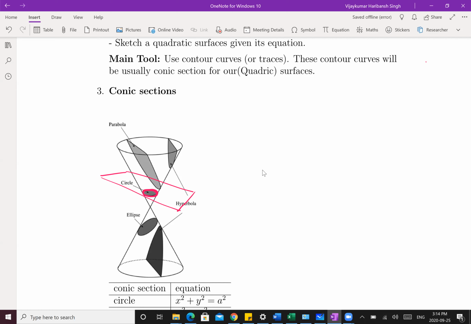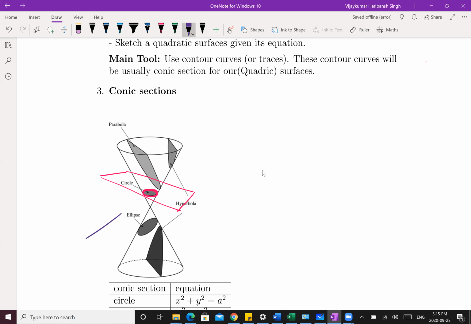If you cut it in a plane slightly slanted like that, you will see that it cuts in an ellipse. If you cut it in this direction, in a plane of this form, you will get a parabola.